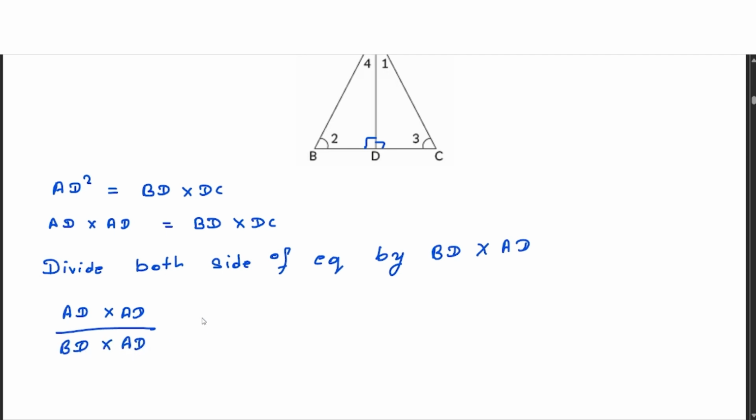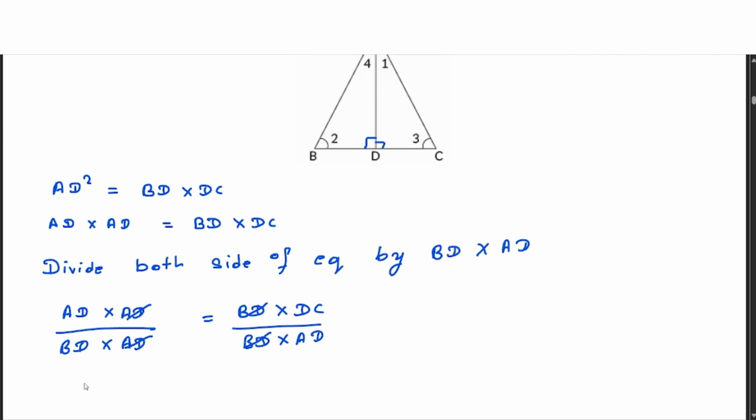Same way, BD times DC is equal to, dividing with BD times AD. So you can say BD and BD get cancelled, and here AD and AD will cancel.